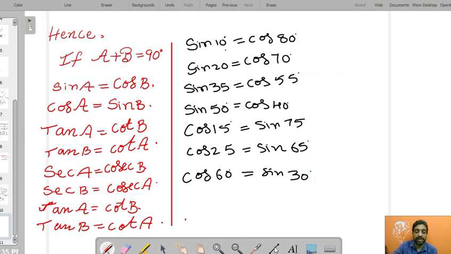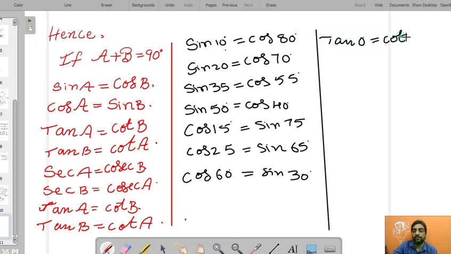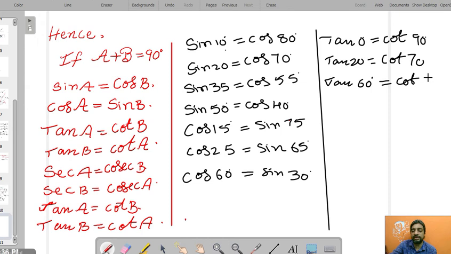In the same way, we can write for secant and cosecant, and tan and cot also. See, tan 0 degrees is equal to cot of 90 minus 0, which is 90. Next up, tan 20 degrees is cot of 90 minus 20, 70. Next up, tan 60 is equal to cot of 90 minus 60, 30.